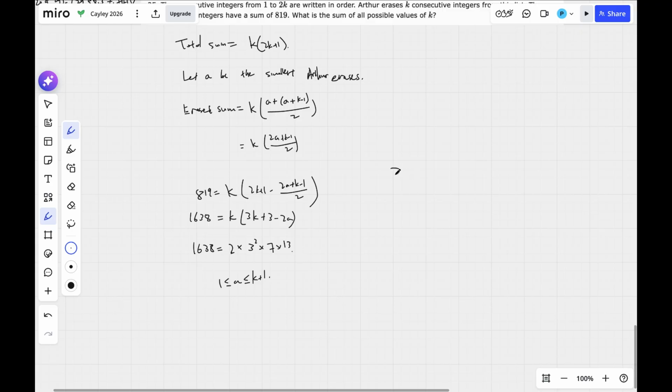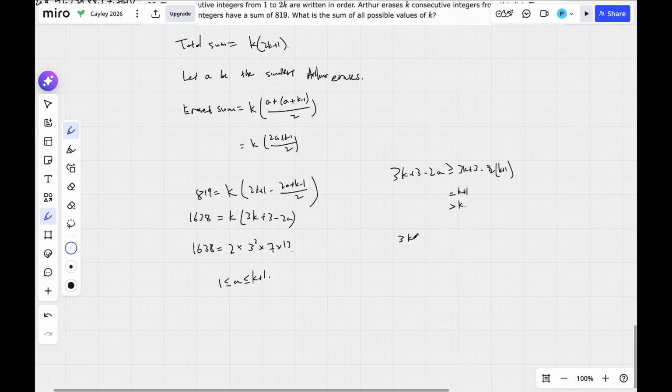Now the next thing we can notice is that there are some limits to A, so we don't have to blindly test every single pair. If A is the smallest number Arthur erases, then A has to be between 1 and k plus 1, since if it's greater than k plus 1, then there aren't k consecutive integers after that to erase.